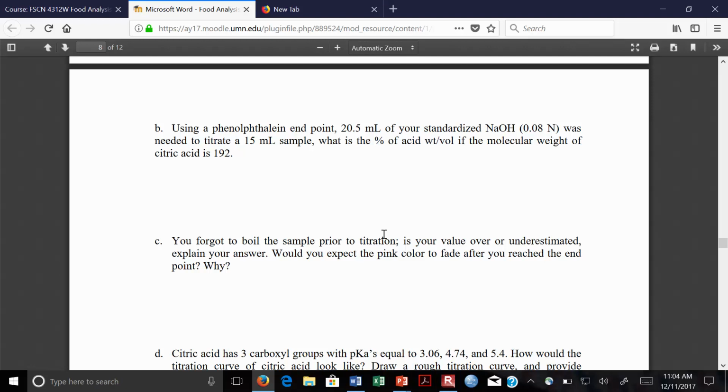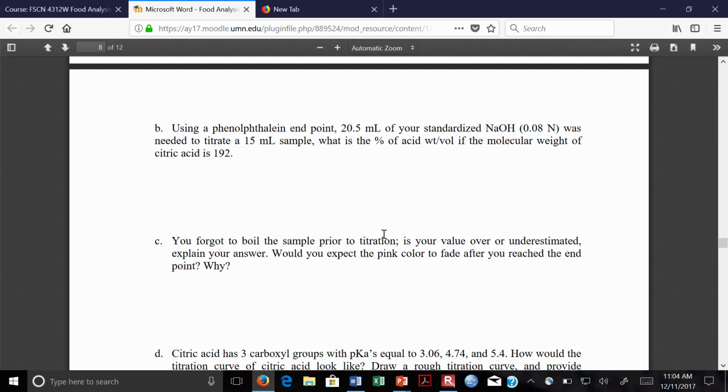So it would be good to have them listed on the y-axis. And then go up, and another buffering zone at 5.4. And then it continues to go up, and then I see a sudden increase, and that's pH 8.2, and that's your milliliter, which was in this case 20.5 milliliters.